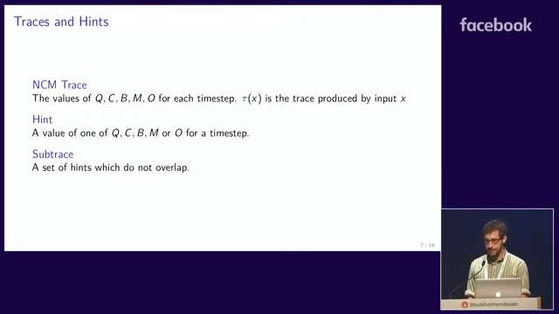A hint is a component of a trace at a specific time step. And a subtrace is a set of hints that come together to form a full trace, but don't overlap. So we don't have two hints that tell the processor that at this time step it should be writing 1 and 0 to memory at the same time.